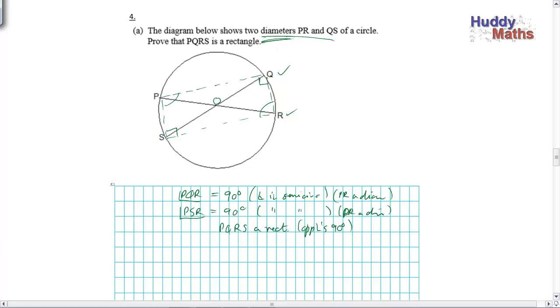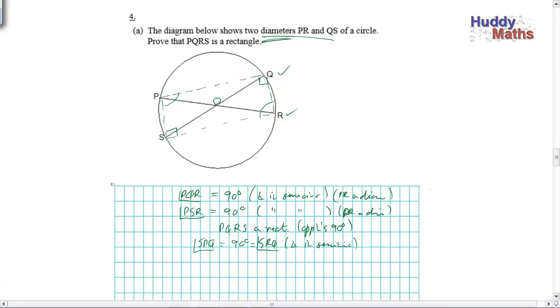So maybe we should put that in, that QS is a diameter, and so SPQ, we might put that in. SPQ equals 90 equals SRQ, angle in the semicircle, the other side there. Okay, for that other diameter, they might put that.